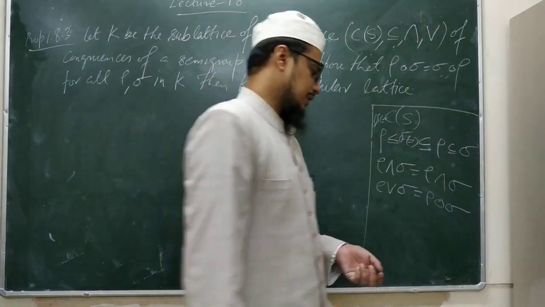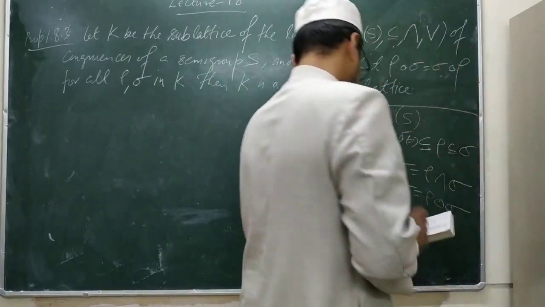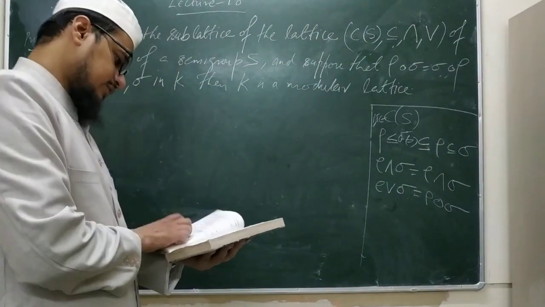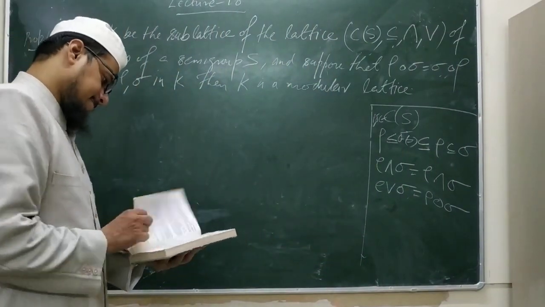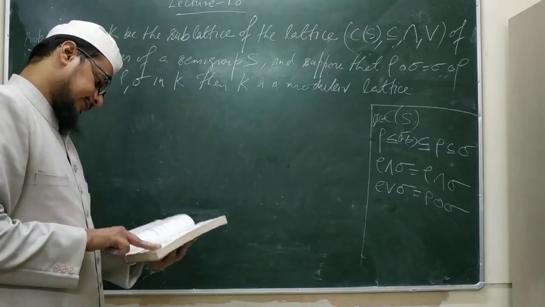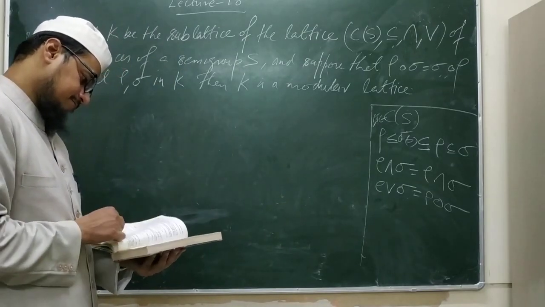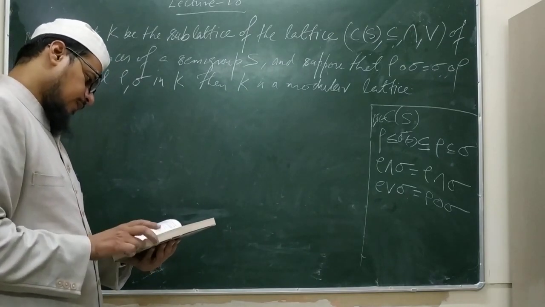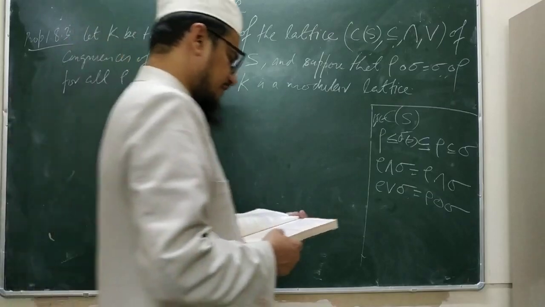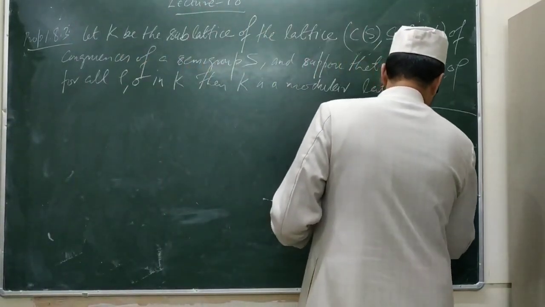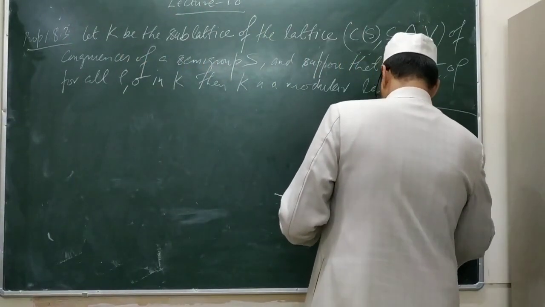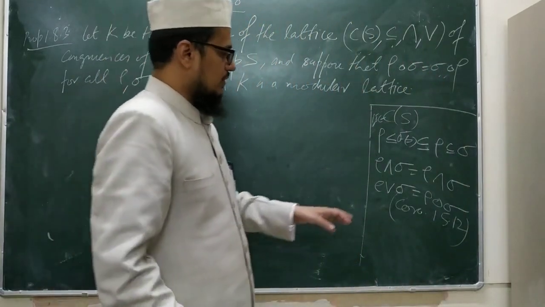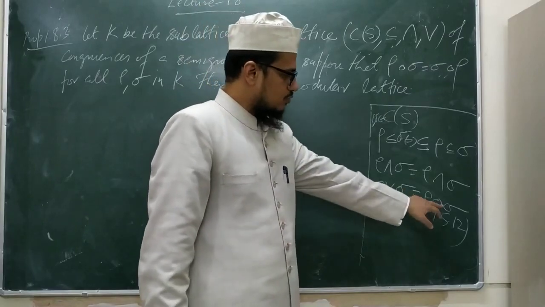We have proved this result in corollary 1.5.12, if you remember. Rho join sigma is rho composition sigma, correct?